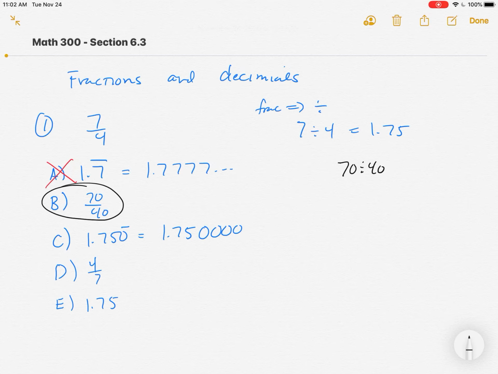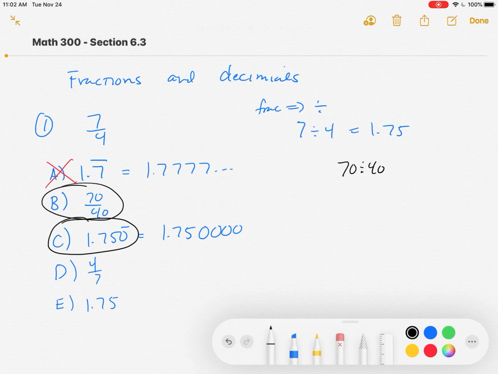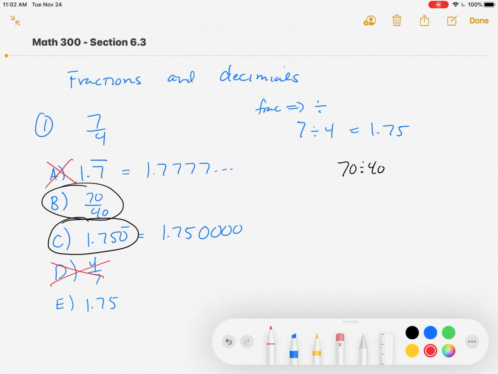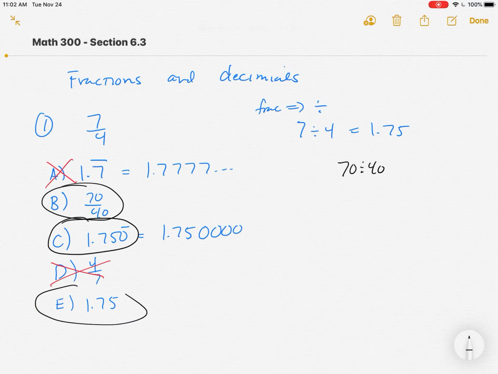Now what about this C one? 1.75 with the line over that 0, that's equivalent. You can tack on as many zeros as you want. The flip of it, 4/7, is not equivalent, and so that guy's out. But 1.75 is exactly what my calculator displayed.